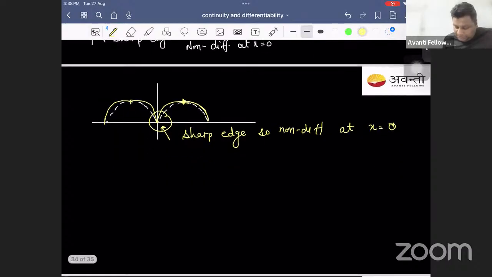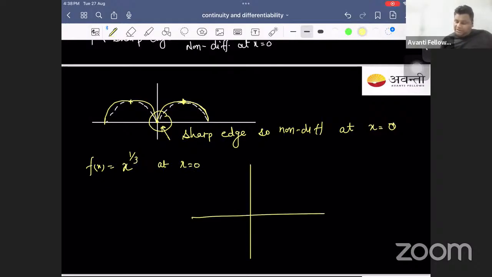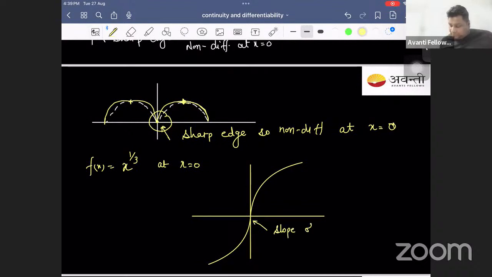Now another function, f(x) = x^(1/3) at x = 0. What is happening if I draw the graph of x^(1/3)? The graph will be something like this. If you realize, the slope of the tangent at x = 0 is infinite.